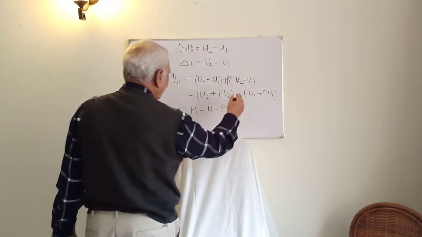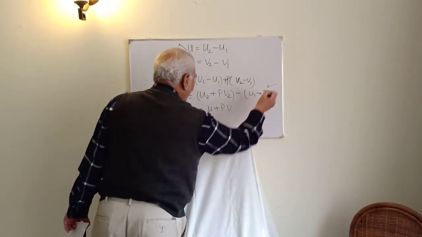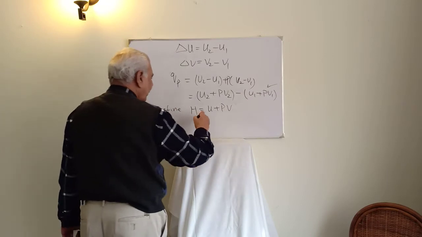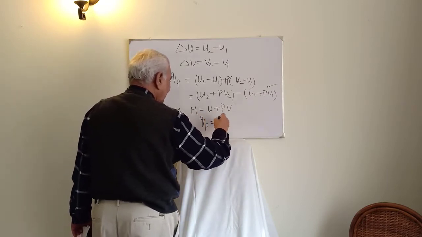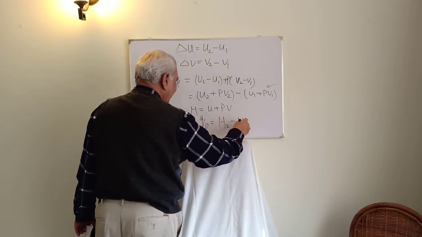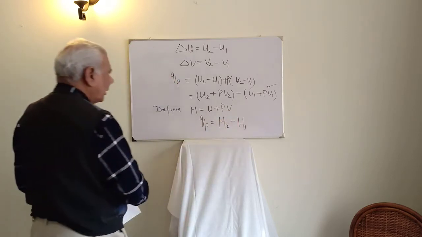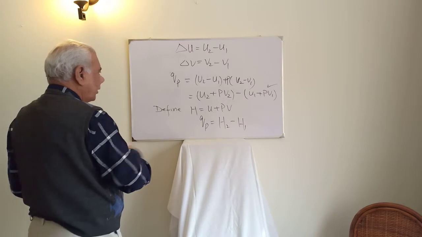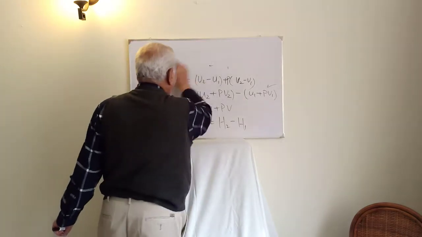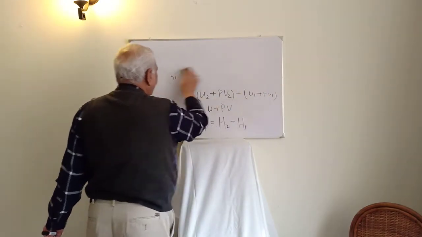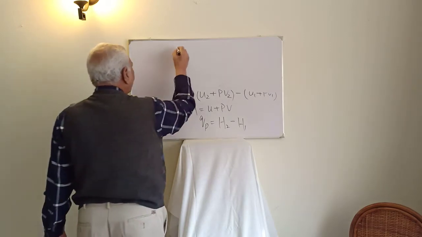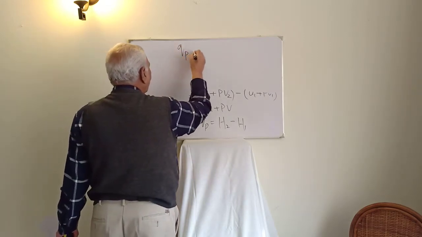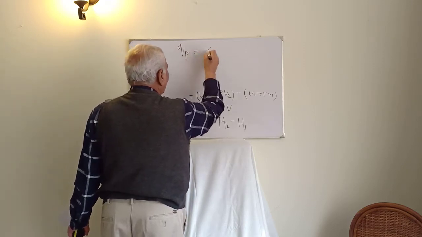Now this equation becomes QP is equal to H2 minus H1. So we can write QP equal to delta H.